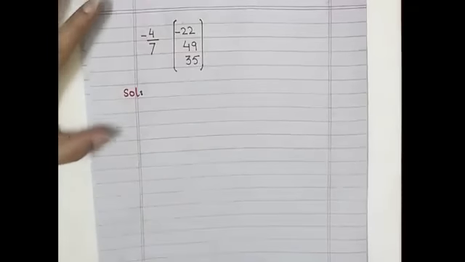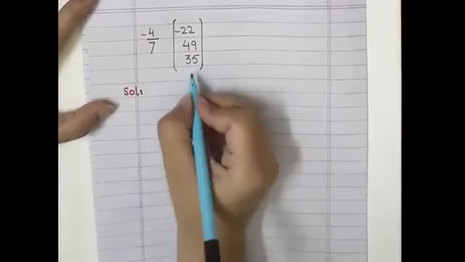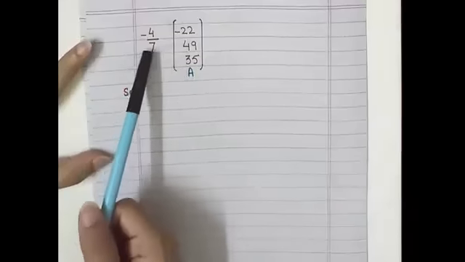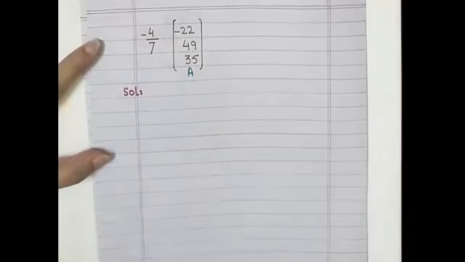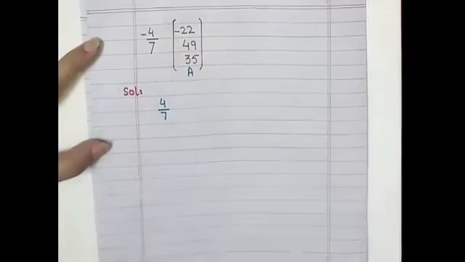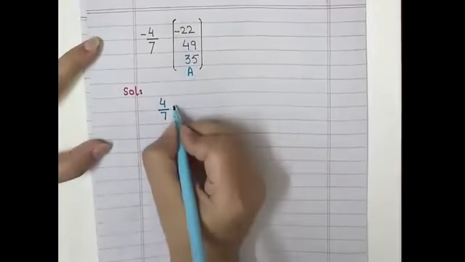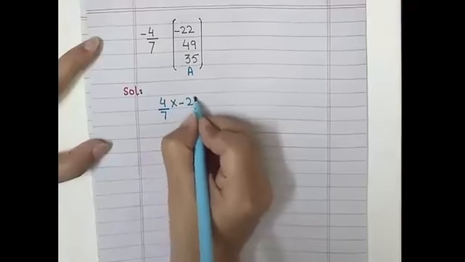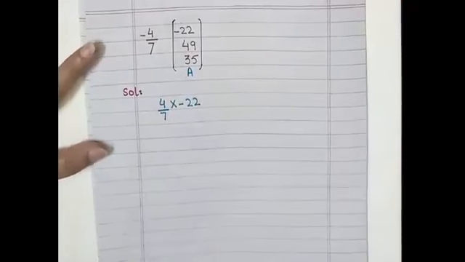We have another short example, very short and easy. This is the matrix, suppose A, and this is the scalar. Simply multiply the value of this scalar inside the matrix. This is minus 4 over 7. Multiply it with the first element, which is minus 22.